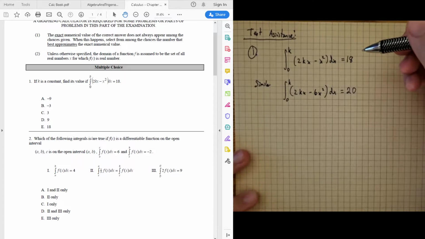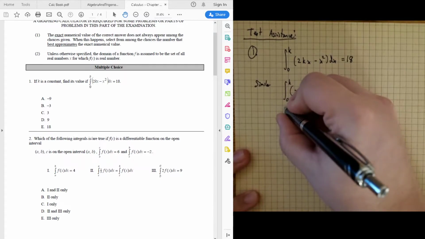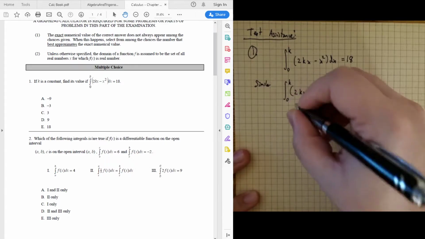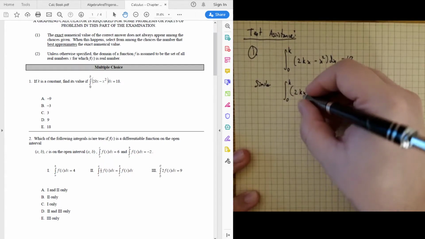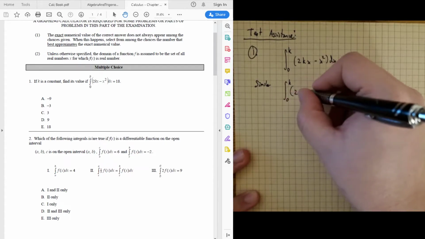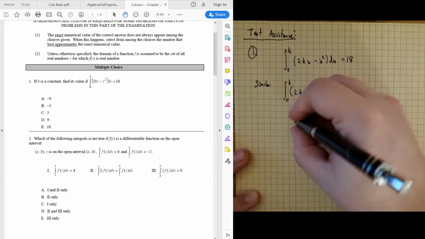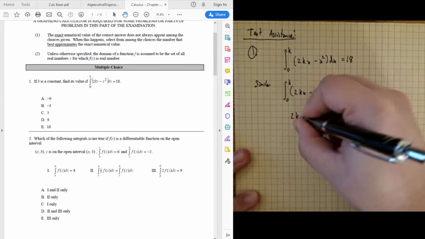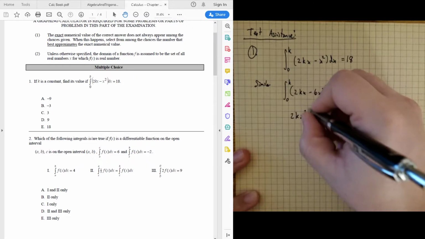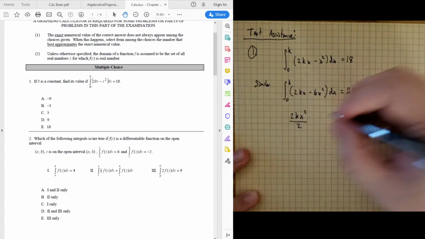Let's take a look at what happens to this problem. If I do the integral, remember, 2 and k are numbers. x is the only thing that's going to change. This would become 2kx squared, and then I have to divide by the new power, which is a 2.